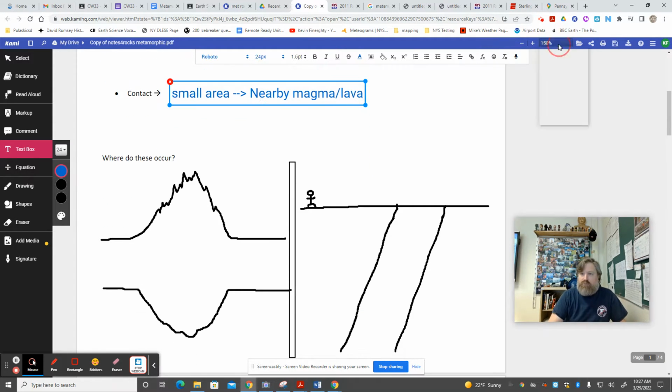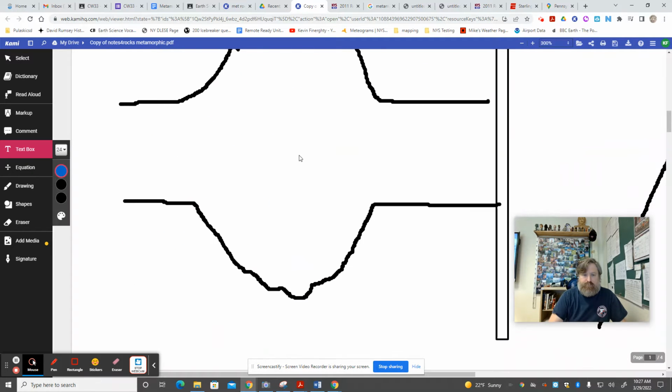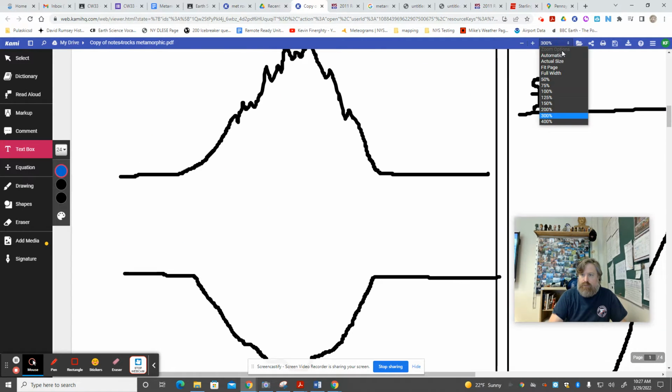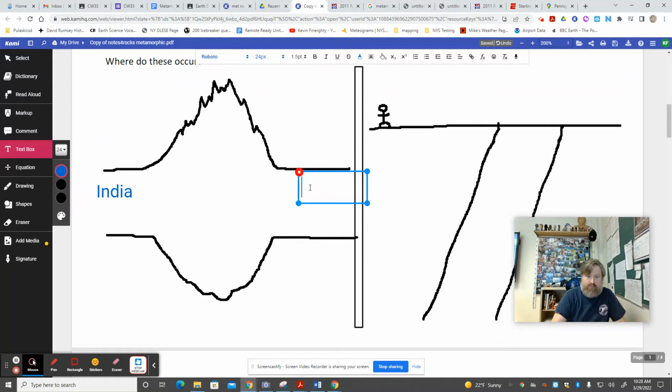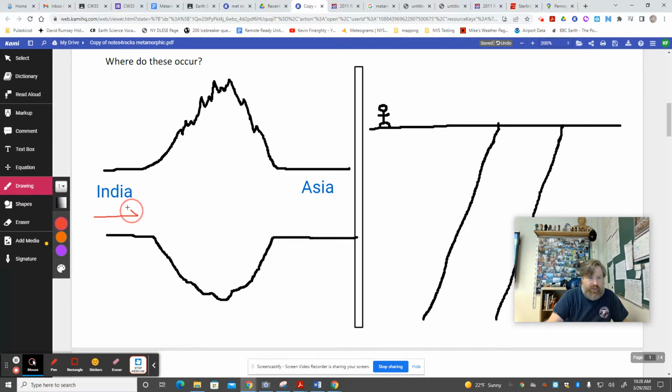So where these occur, let's blow this up a little bit. Let's look at this one. This has happened multiple times through Earth's history. This is today's example. This is going on as we speak. India is ramming right into Asia. All right, I'm going to draw a couple arrows here to say that's essentially plowing into that. Head-on collision, right?